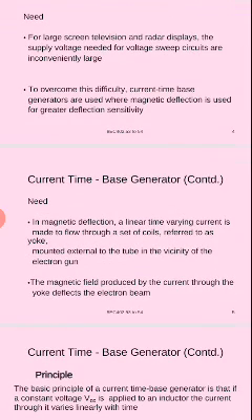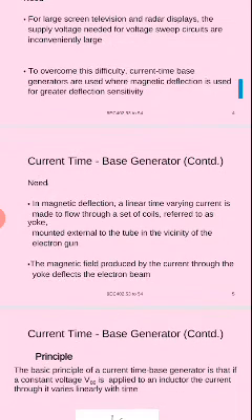In magnetic deflection, a linear time varying current is made to flow through a set of coils referred to as the yoke, mounted external to the tube in the vicinity of the electron gun.